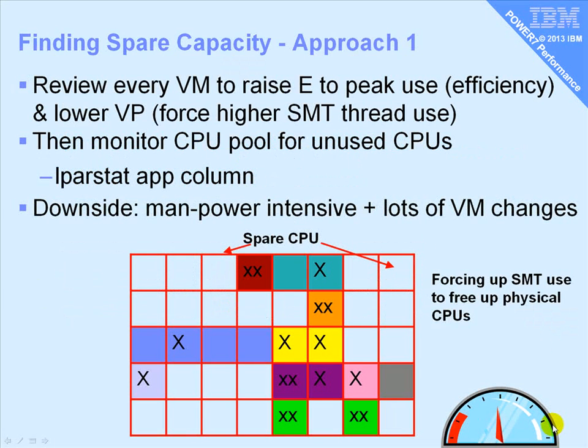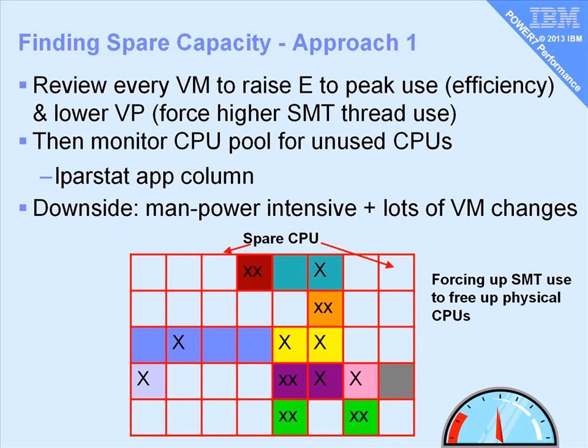So we're going to give you 3 approaches, and the first one is we'll do a review of all our virtual machines as we looked at earlier on. Raise the entitlement to cover the basic usage every day for efficiency reasons. Lower the virtual processor number so we can force higher SMT thread use.